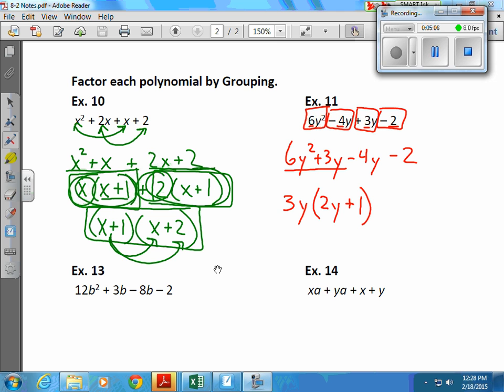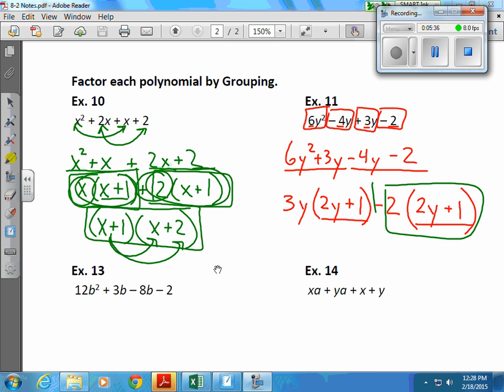What am I going to pull out of these two terms? They have a 2 in common. In fact, I can actually pull out a negative 2 from both of those. And I get a positive 2y plus 1. Again, almost by magic, both of those have a factor of 2y plus 1.